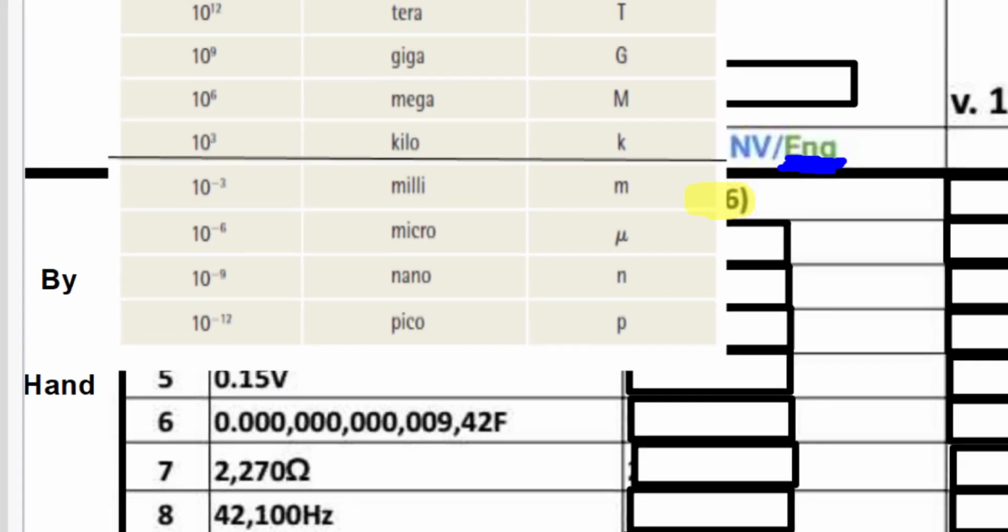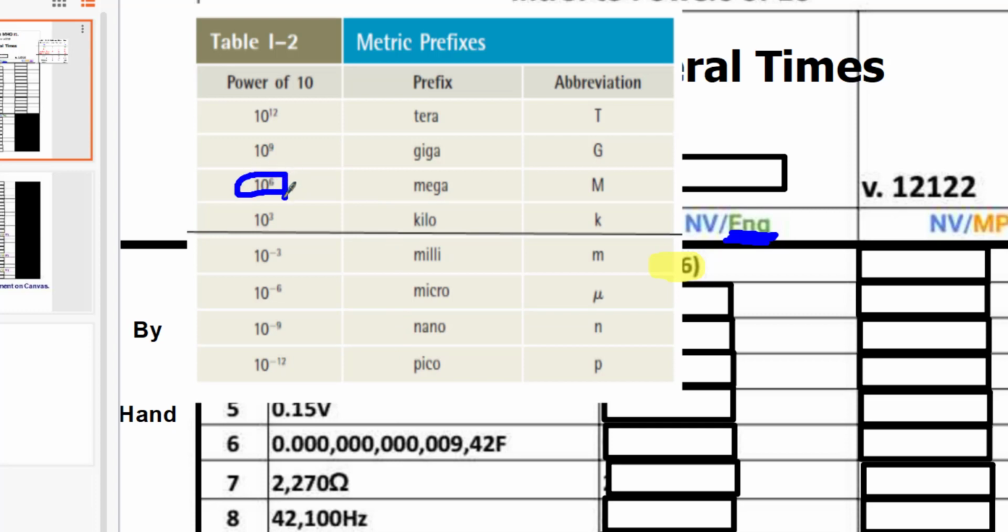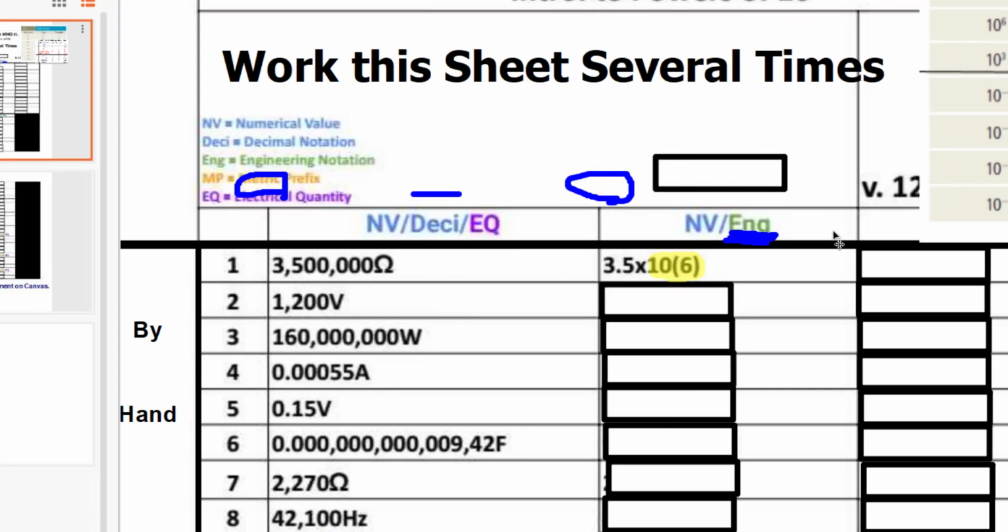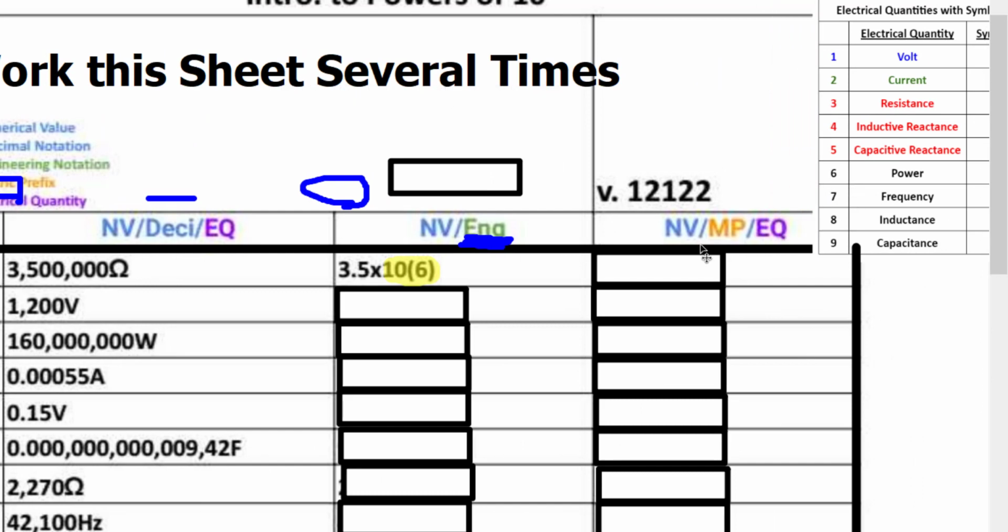Looking at my chart here, 10 to the 6th is right here, which is mega, and its abbreviation is a capital M. So I just let this 10 to the 6th tell me what letter to put there, because I'm going to keep my numerical value of 3.5, and my metric prefix, I just looked it up: 10 to the 6th is uppercase M. And I was measuring ohms here, so that's my electrical quantity. So my final answer is 3.5 mega ohms.